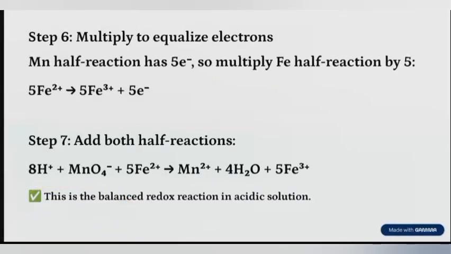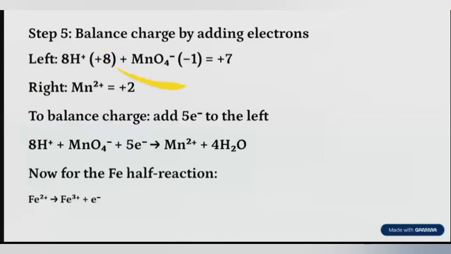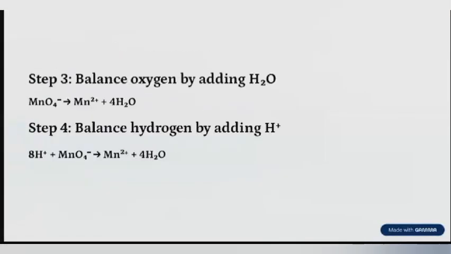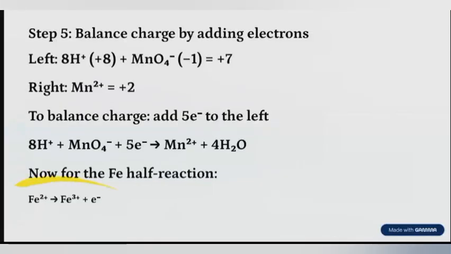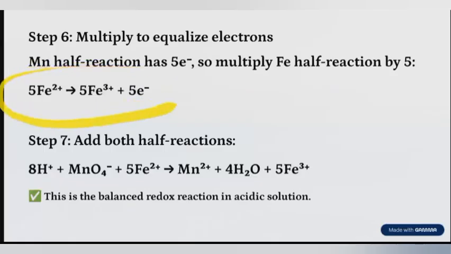Yes, that's what I really needed to know. That's what I've been saying: the MN side, 5e multiplied by the FE half. So the FE half is this. We multiplied everything here by 5, and that's how we got this end here.